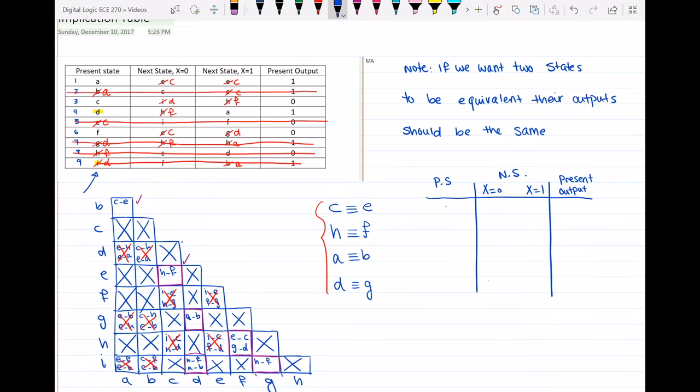So we have A, C, D, and F. Then here we have C, D, F, C, C, F, A and D. Then the outputs are 1, 0, 1, 0.